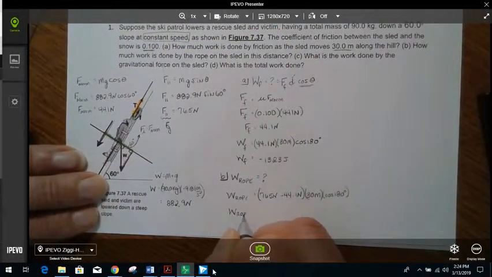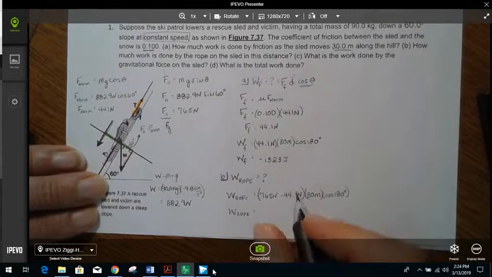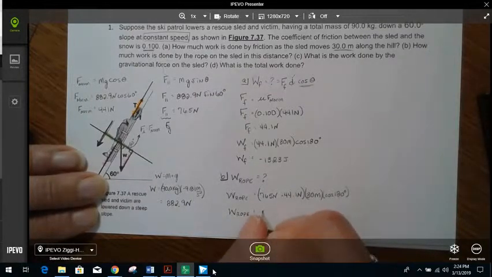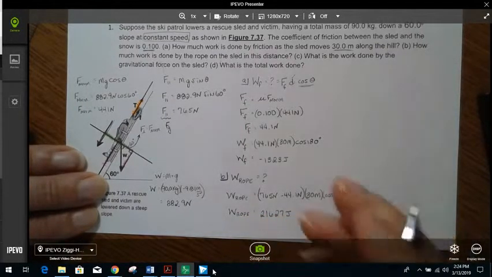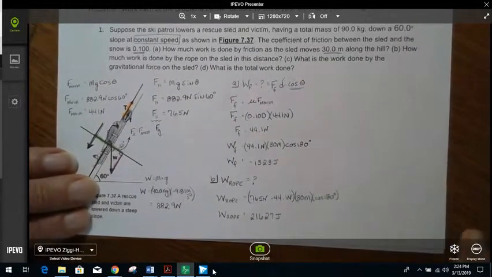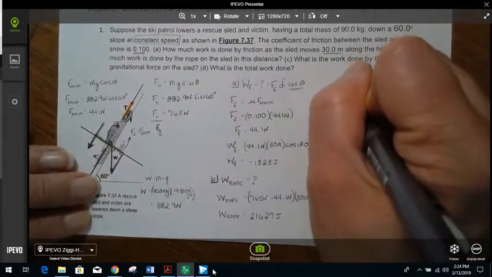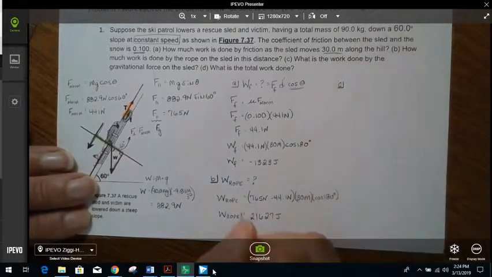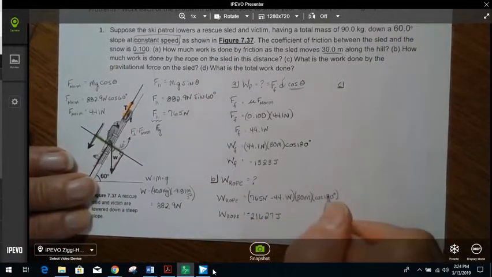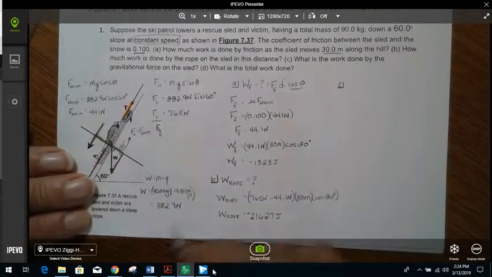So the work done by the rope equals 627 joules when we do that calculation. Oh, sorry, this should be a negative, my bad, because we have the cosine of 180 there.